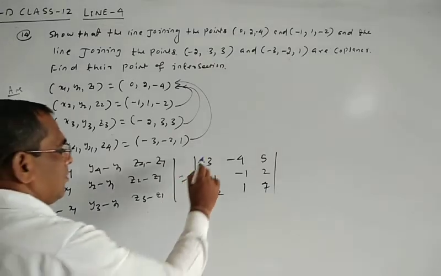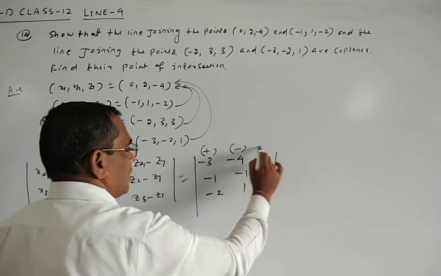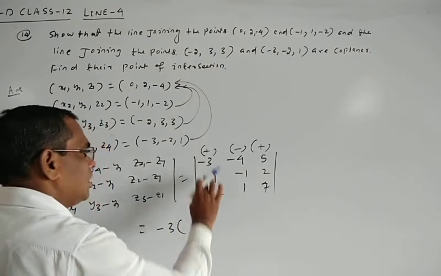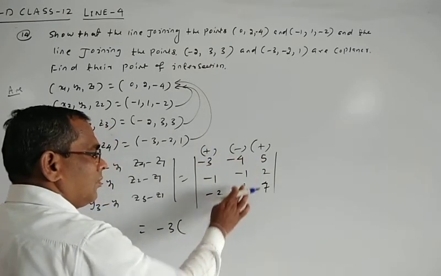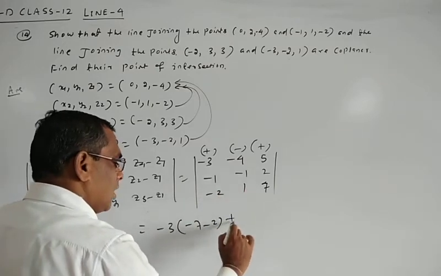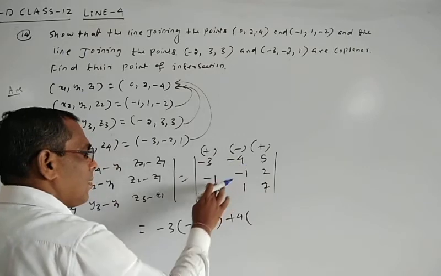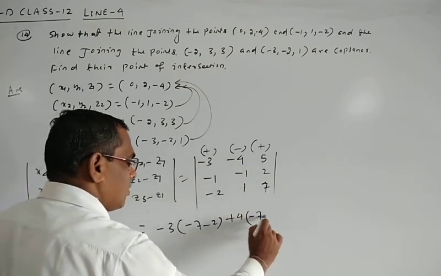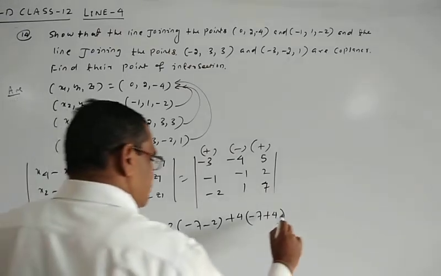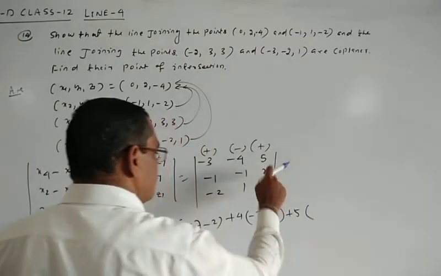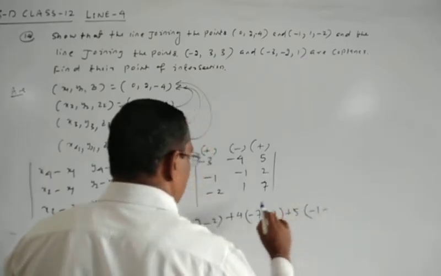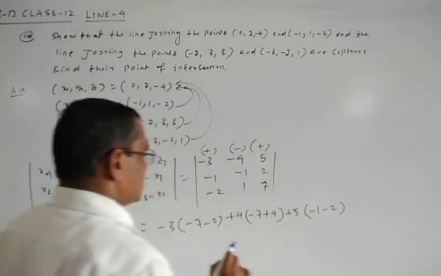So this is equal to minus 3 into, leaving the first column, minus 1 into 7 minus 7, minus 2, then plus 4 into minus 1 into 7 minus 7, plus 4, plus 5 into minus 1 into minus 1, minus 2 minus 1.